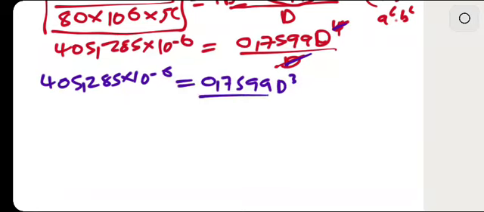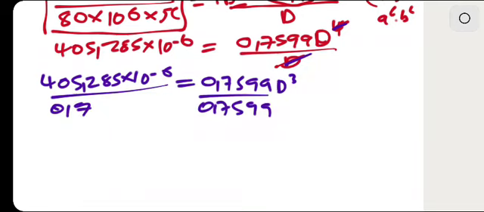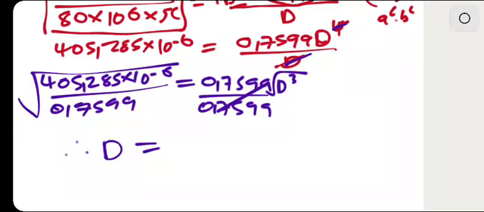Then you divide both sides by this, and you're left with that. Then you take the cube root of both sides. Remember, it is supposed to cancel that. You take the cube root of both sides.